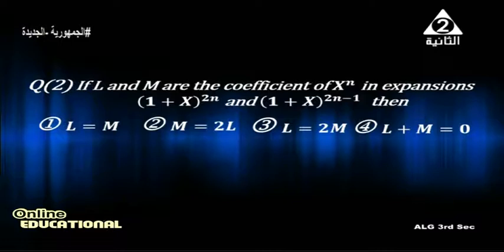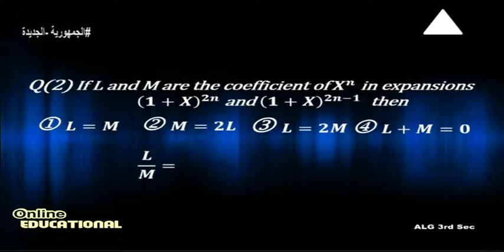Remember, my dear student, we have L, the coefficient of x to the power n in the expansion of (1 plus x) to the power 2n, and M, also the coefficient of x to the power n in the expansion of (1 plus x) to the power 2n minus 1.